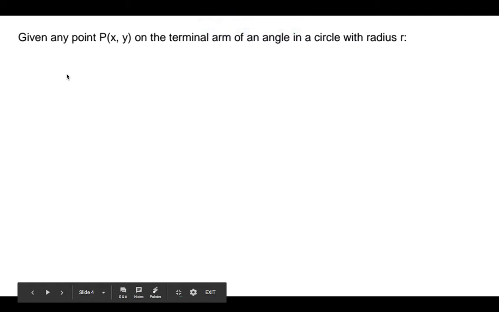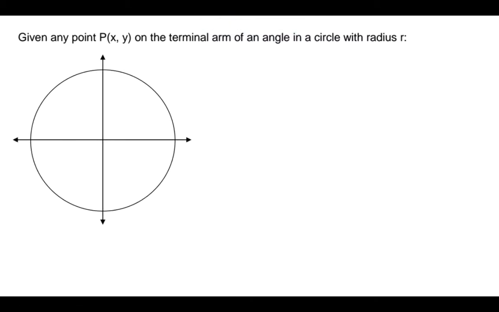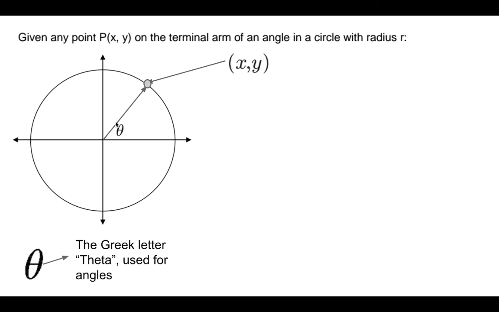So given a point on the terminal arm of radius r, so this is a circle. Any point you can form a circle with any point. We'll call that point x comma y, and so this is actually what we call the terminal arm. It's the arm that connects 0, 0 to the point. We have this angle, which we call theta, and so we use the Greek letter for angles just to differentiate between angles and sides.